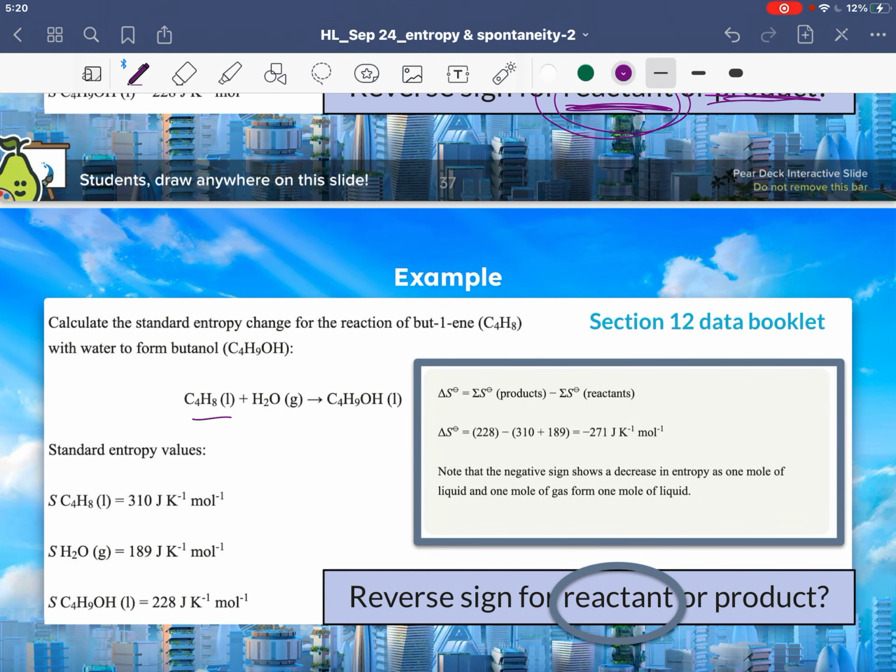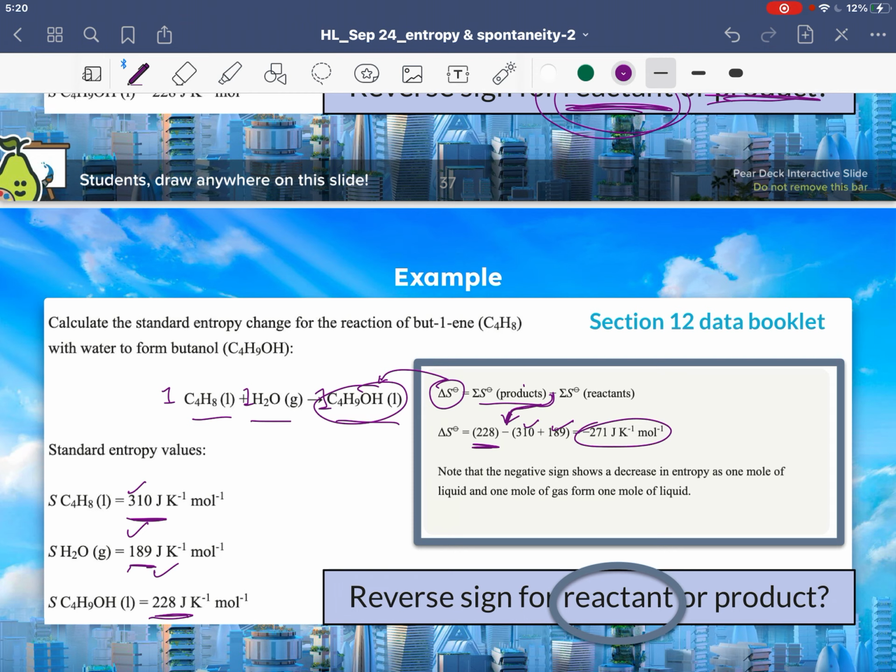So what would this look like? Well, I have here my reaction, I have my standard entropy values, my coefficients are 1 in this case, so I don't need to worry about that. To find the standard entropy change for this reaction, I merely take the sum of the entropies for the products, which in this case is just 228. I flip the sign in the reactants, which you see here, and then I add the entropies here and here.